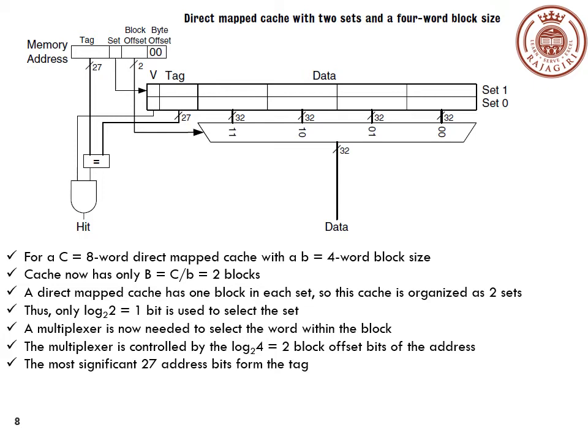In order to take the data, either it will be present in the first word of the block, the second word, the third word, or the fourth word. So in order to take the exact data, you give the block offset as the control signal to the multiplexer, and the corresponding data will be taken.